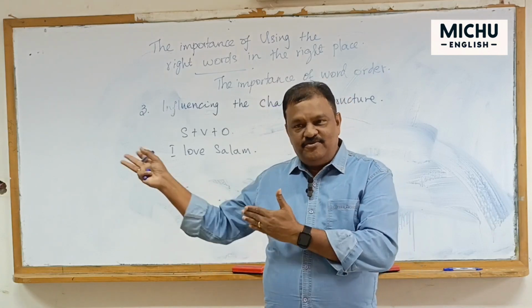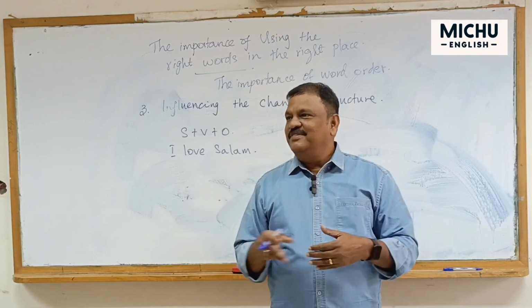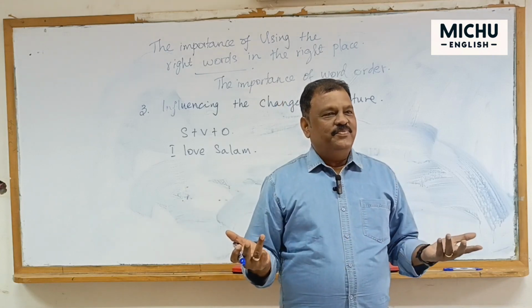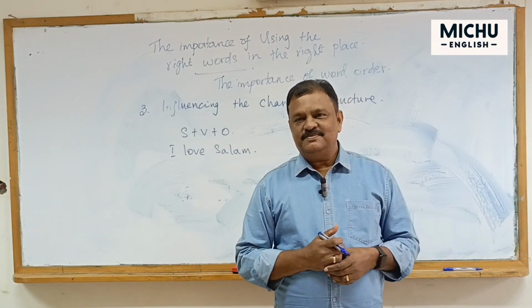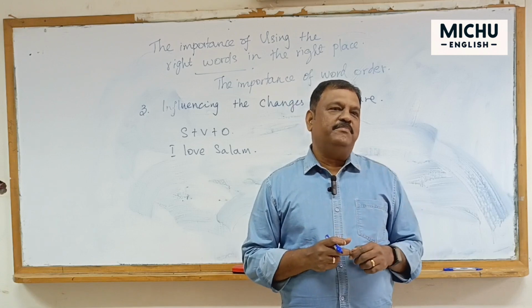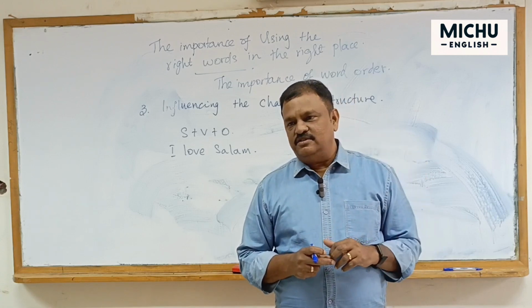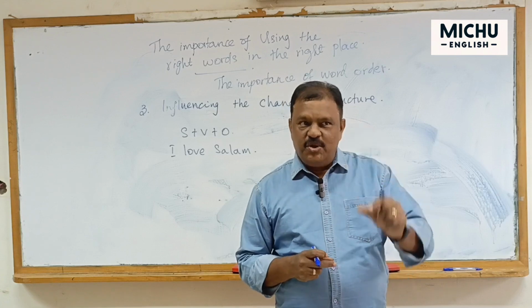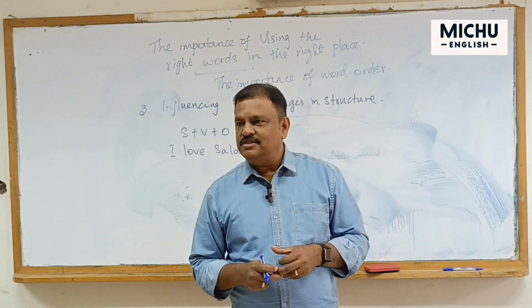Go just take her for a coffee. Why are you telling me that your wife came? Yes or no? So completely the scenario changes. All these problems will take place if we do not know how to arrange the words in our sentence, if we do not know to use the right word in our sentence.